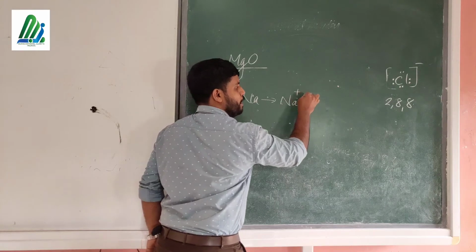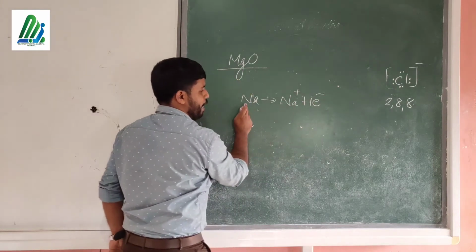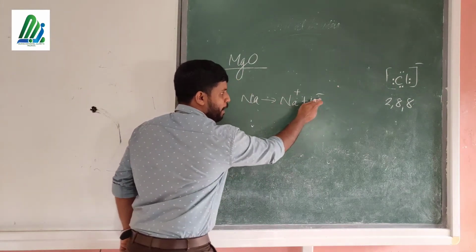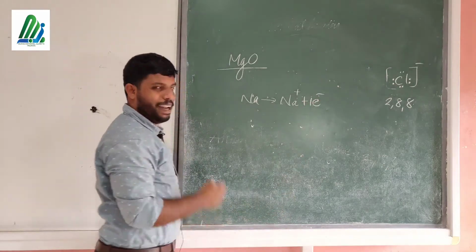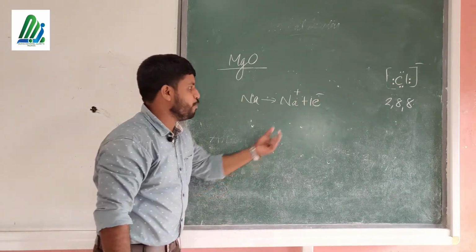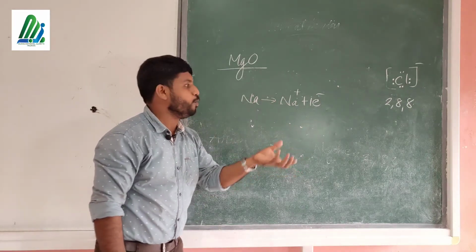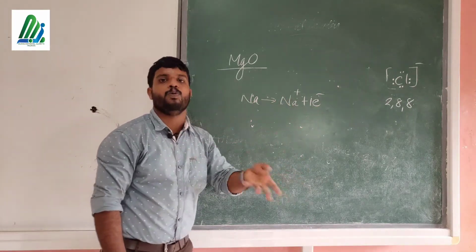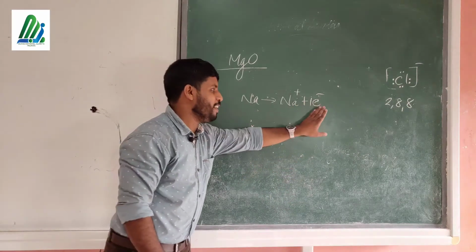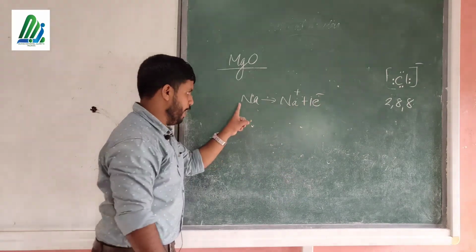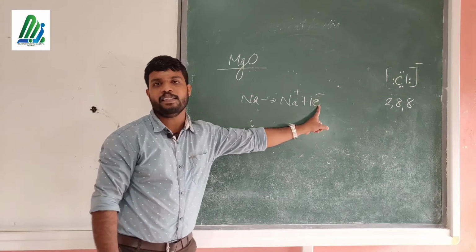If an atom donates electrons, whether 1, 2 or 3, you write them at the end of the equation. So Na gives Na plus plus 1 electron.